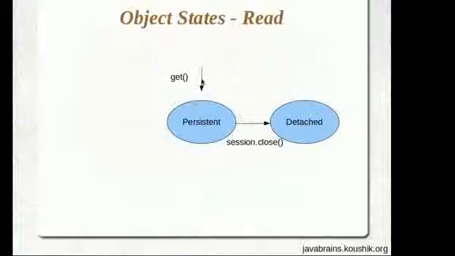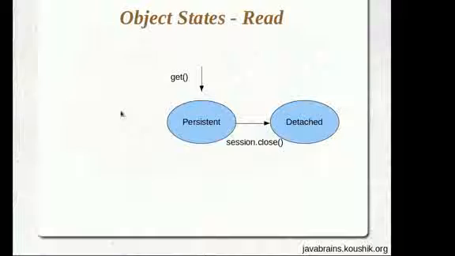But the thing to note here is that the object is persistent by default when we use a session.get to retrieve the object. You don't have to do any updates as such. When you modify the object itself, it gets updated to the database. So it starts with persistent, and then when you do a session.close, it goes to detached.